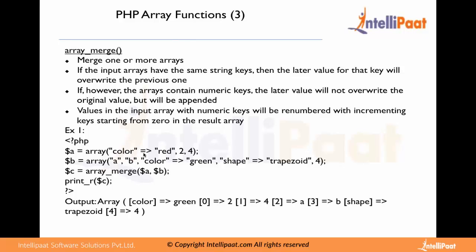When it is not getting a key, it automatically defines the key as a numeric value and takes the value 2. The second time it will take 1 as a key, and next time 2, and it will increment those keys whenever it gets a numeric key, or if it is not getting any key for that value. So let's see this example.